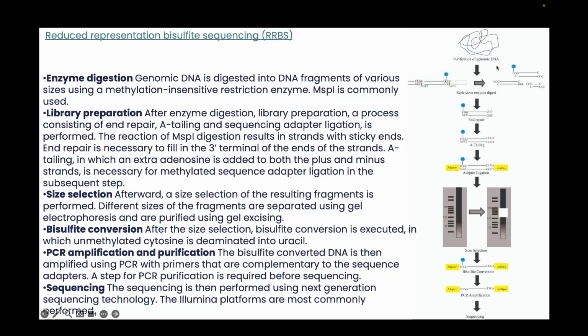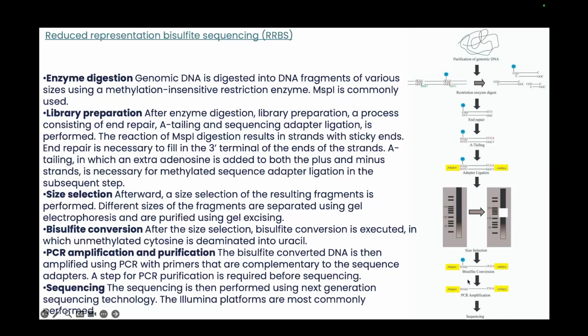So you purify your DNA and use a restriction enzyme to digest it. You do end repair, which is basically just extending those last parts, and add adapters. After that, you run it on a gel electrophoresis.